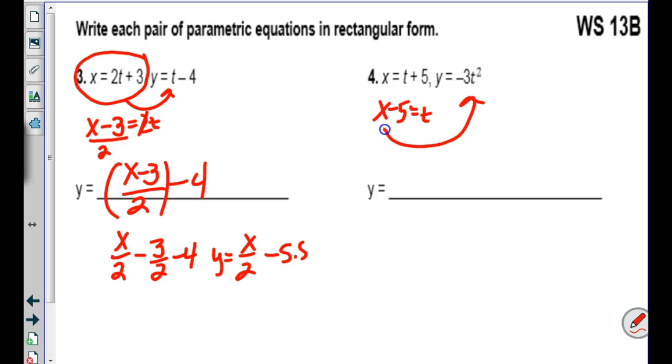So if I just plug that over here, I'd have -3 and then quantity squared, but this would be an x minus 5. So describe that graph for me, without looking. The first one would just be a line because there's no squared. What's the second one going to be? A parabola that opens down.